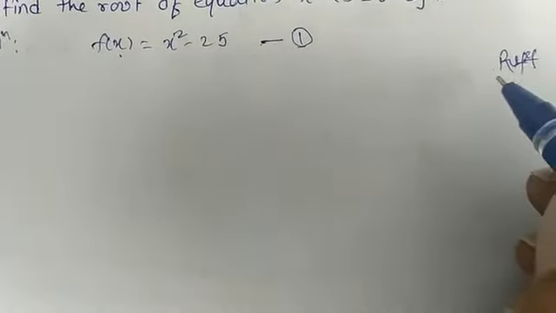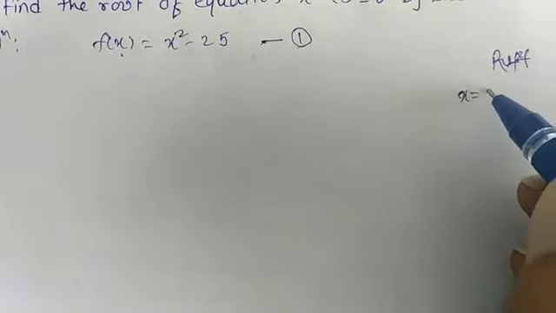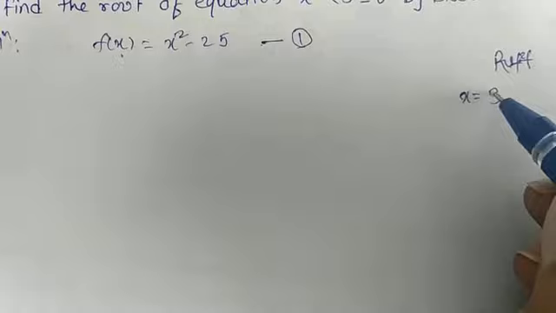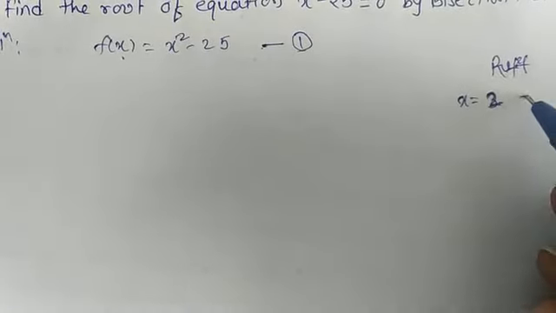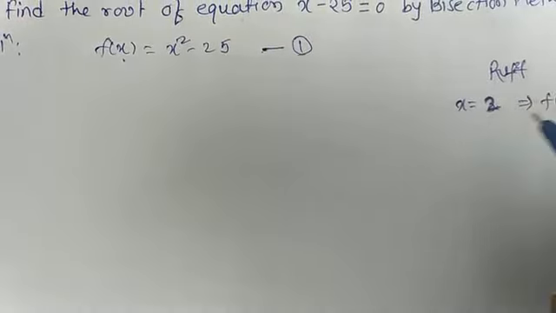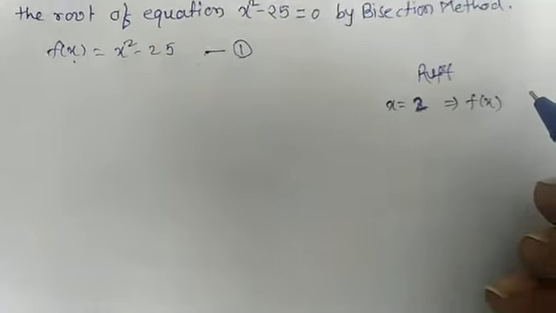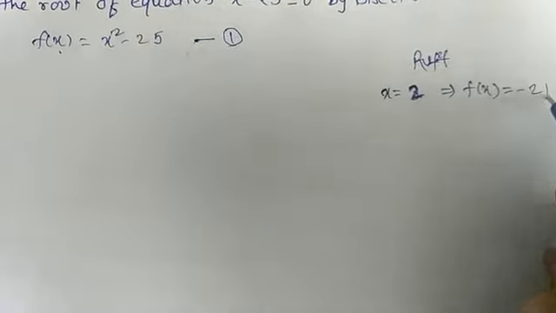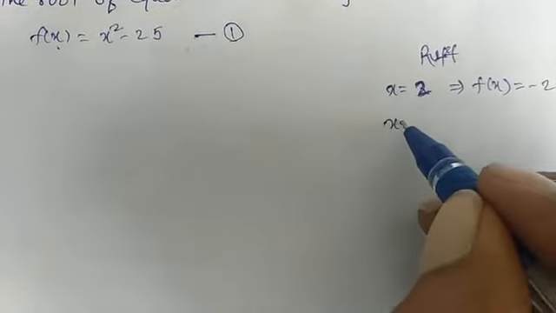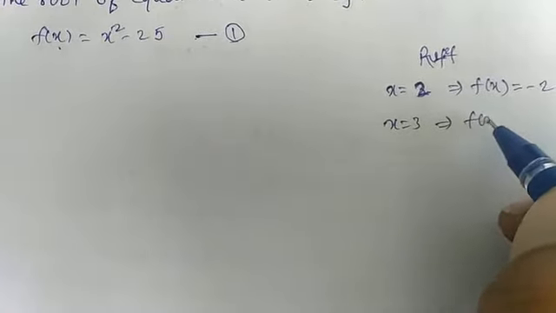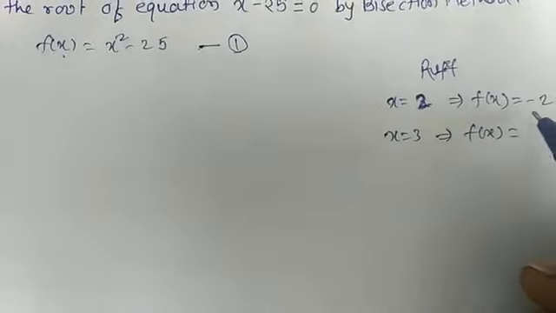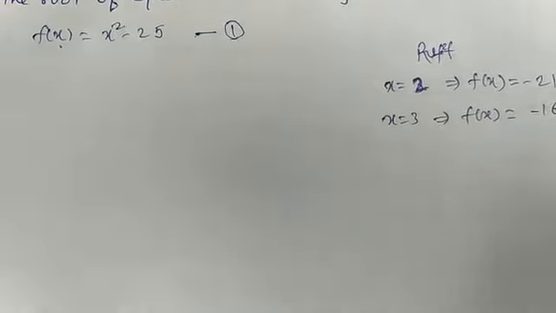So we start from x is equal to 2. f of x is equal to 4 minus 25, which is minus 21. For x is equal to 3, f of x is equal to 9 minus 25, which is minus 16.